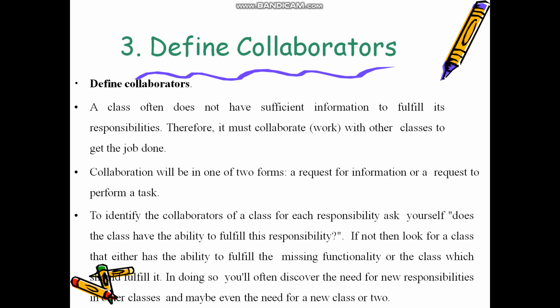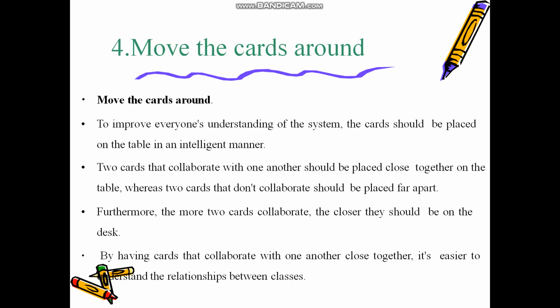All those things are collaborators. Who is a collaborator? It knows all the things which are related to the particular class and particular responsibility. It is called a collaborator. This collaboration will be in one of two forms: one is a request for information, or the second is a request to perform a specific task.